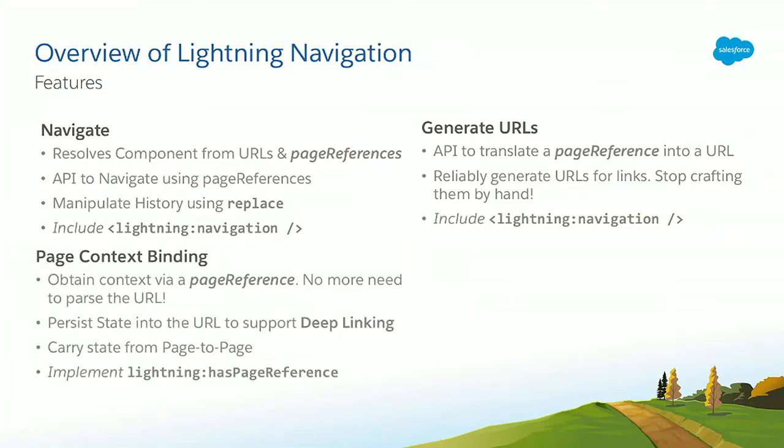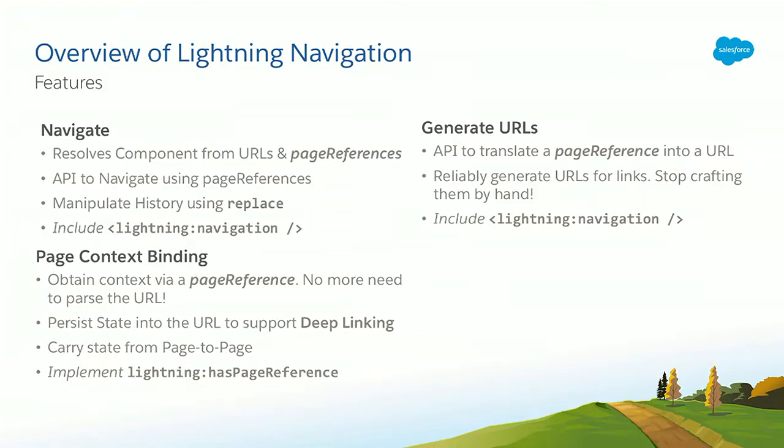We also allow you to bind your component to the current page context. This means obtaining the page reference for the current page. This way you don't have to go into the URL and try to figure out what the record ID is and what the action is and that sort of thing. You can just implement the Lightning has page reference interface, and we will set the page reference onto your component when it's displayed.